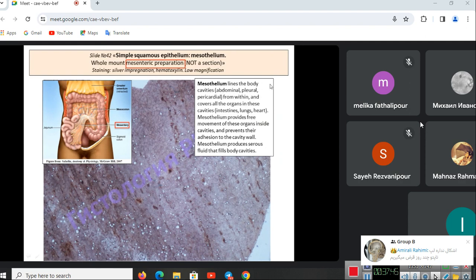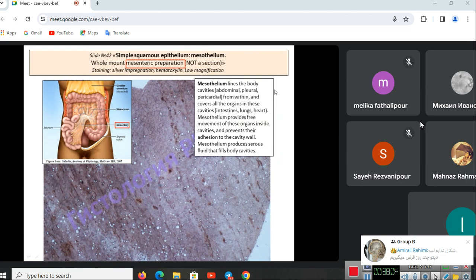Mesothelium lines the body cavities: the abdominal cavity, which is shown here, inside which the intestines are located, the pleural cavity where the lungs are located, and the pericardial cavity where the heart is located.